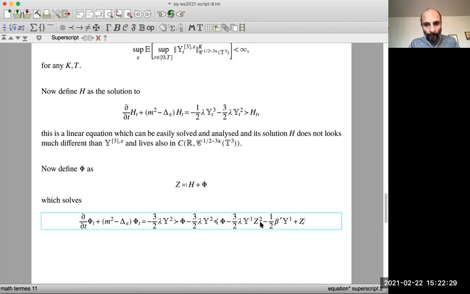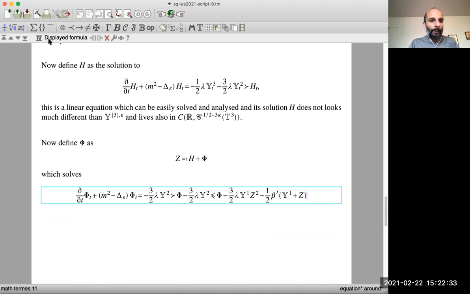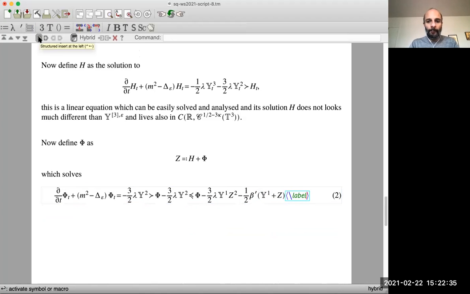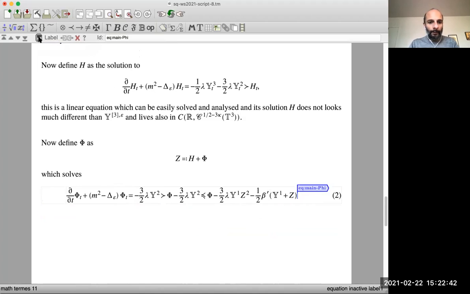It was like this. So that's the equation, somehow an important point. Let's give it a name. This is the equation for phi. I don't give very meaningful names to equations, but okay. This will be our new equation.